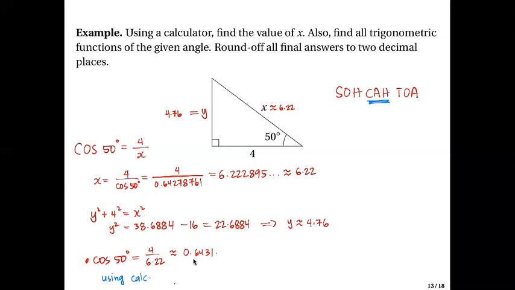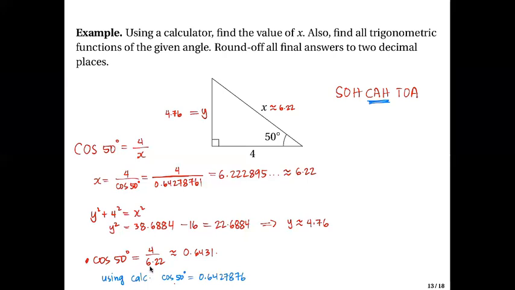Using calculator, cosine 50 degrees is 0.64278.